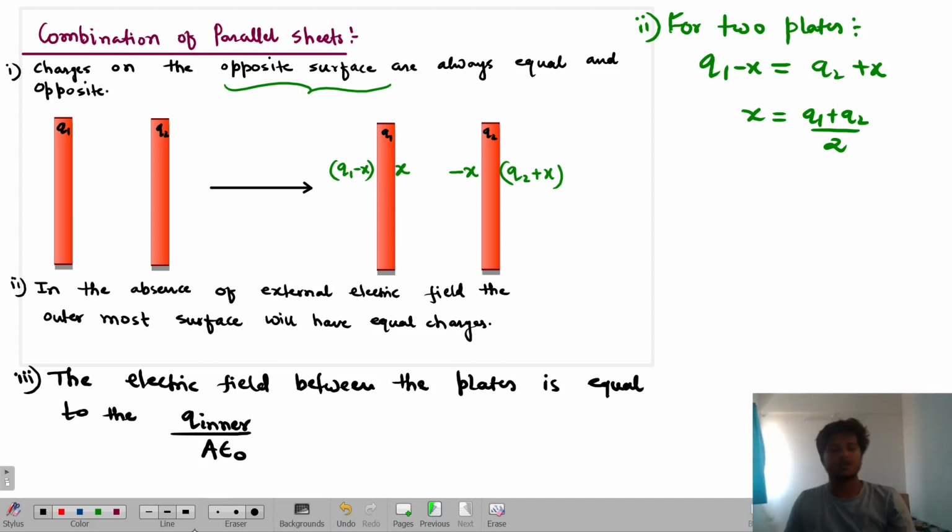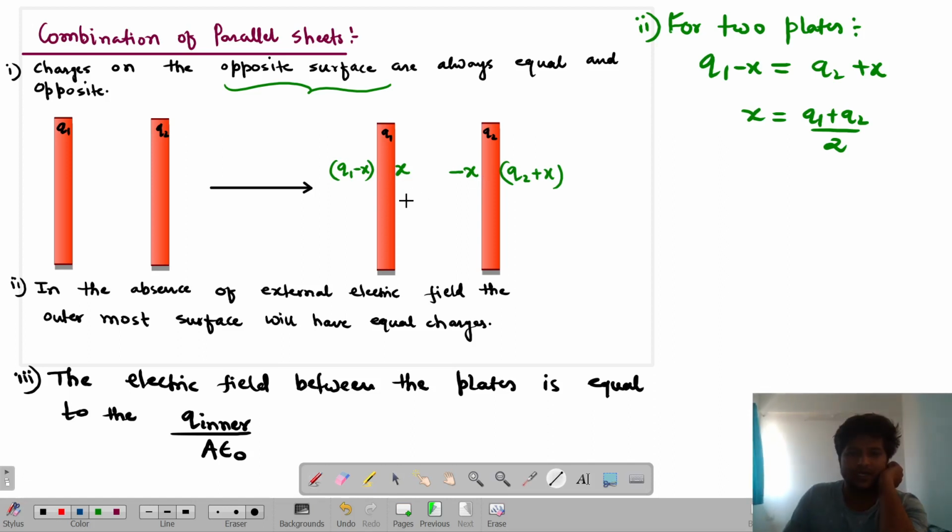What it says, sir, is that the electric field, look over here, here it is plus x and here it is minus x. So an electric field will develop from this plate to this plate.